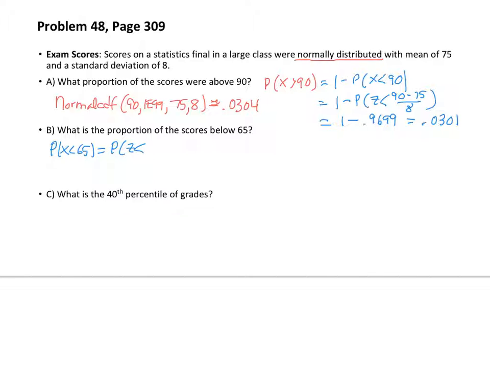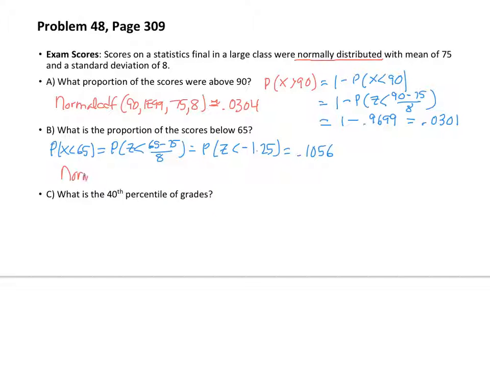So it's z less than 65 minus 75 over 8, which is equal to the probability that z is less than, when we do our calculation, we get a negative 1.25, and when we look that up, this is 0.1056.